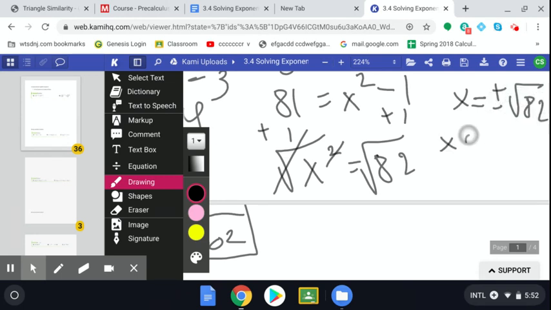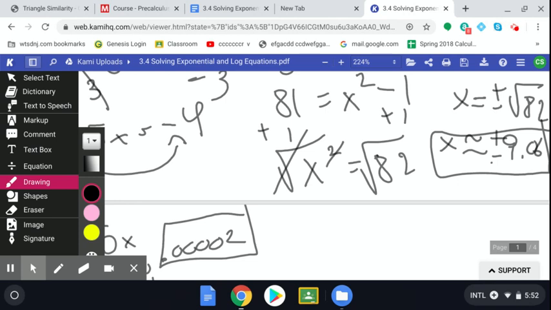If you put that on the calculator, x would be about plus or minus 9.06. Okay.